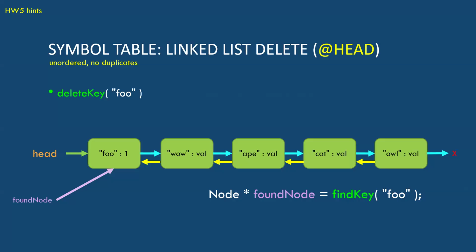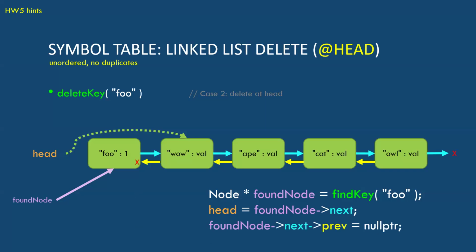Either of those tests can work for you. To delete that node, we want to push the head pointer to found next. You could also say head equals head next. That would be the same piece of code. So head equals head next or head equals found node next should do that for you.